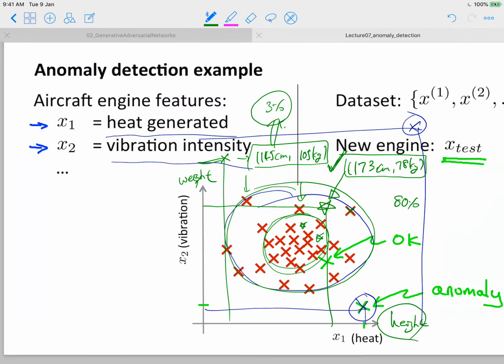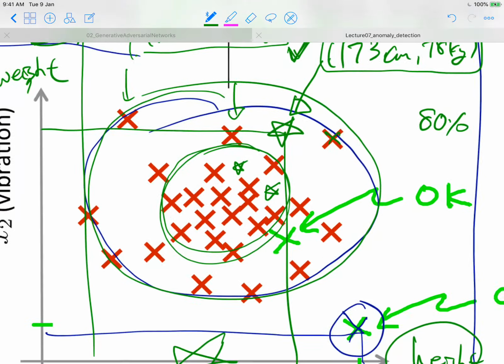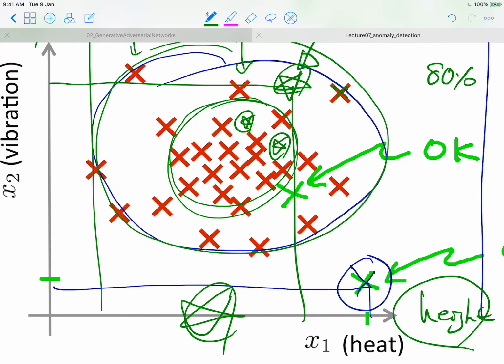But somewhere over here will have a low probability of observing that particular data. Still, all these data can be viewed as unseen data, because these particular points are not included in our data, right?